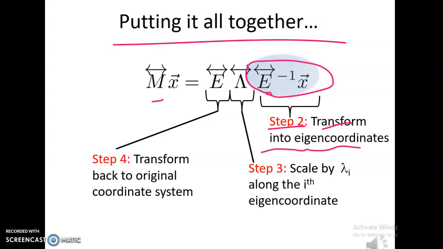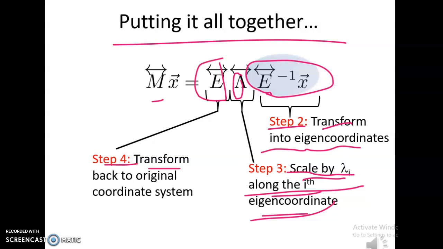Step 3, scale by lambda i along the ith eigen coordinate. Fourth step, transform back to the original coordinate system.